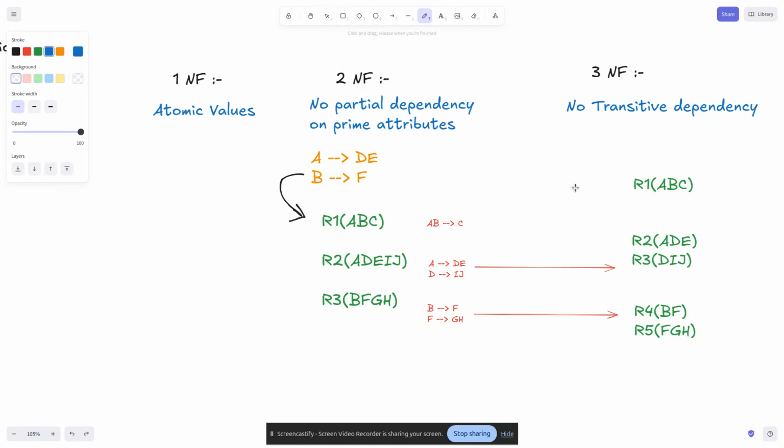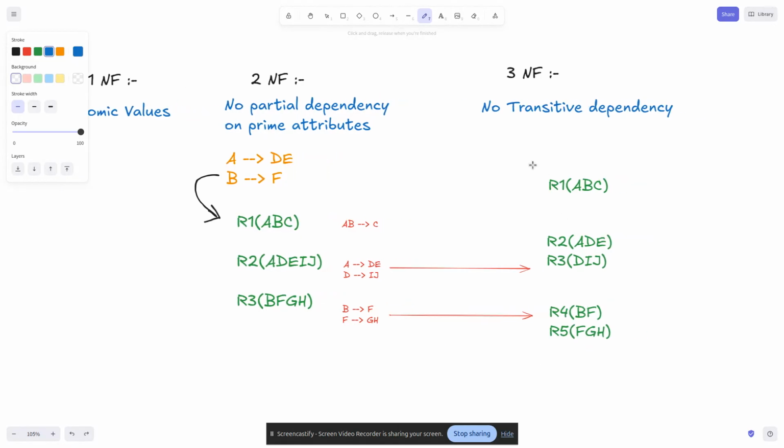Therefore, in order to convert this relation into 3NF, we again have to decompose R2 and R3 by these functional dependencies. We create one relation for one functional dependency. For ADE, we create a relation R2, and for DIJ, we create a relation R3. Similarly, for BF, we create the relation R4, and for F determining GH, we create a relation R5.